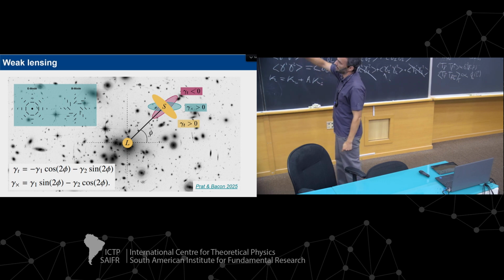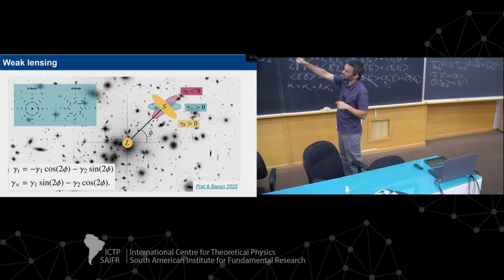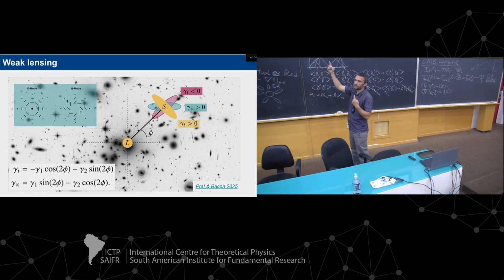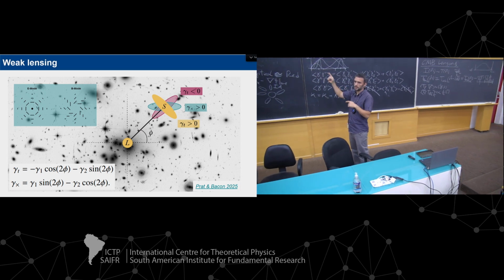But no, gamma T, gamma cross are not directly E modes or B modes. Some of the correlators involving gamma T and gamma cross involve the E modes or the B modes in different ways. So this psi plus, psi minus, they're mostly affected by the EE power spectrum.